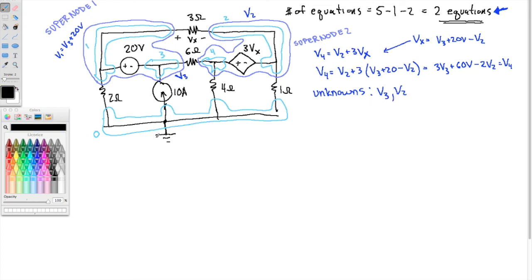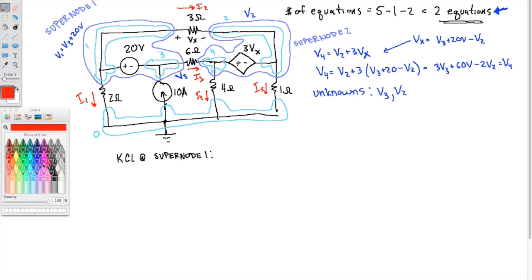Alright, so let's do KCL at supernode 1. Oh, and first I have to guess the directions of the currents. So we'll call this I1, call this I2, I3, I4, I5.